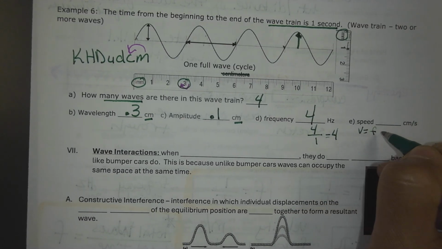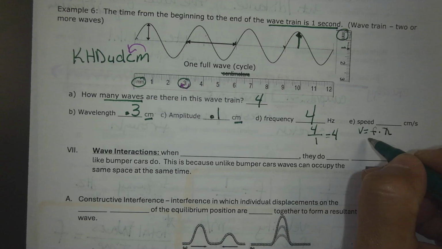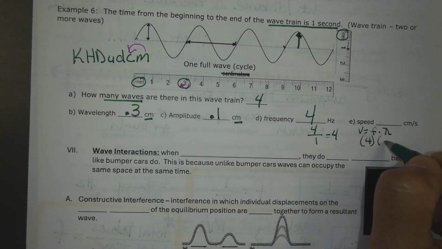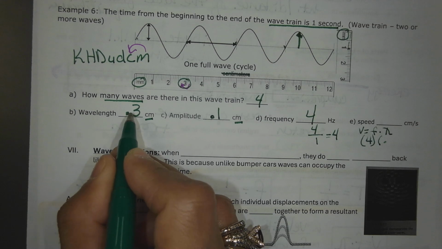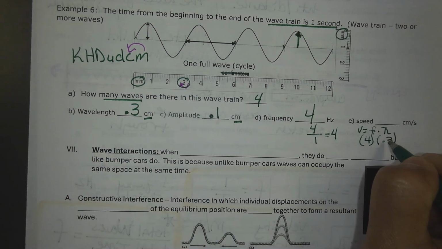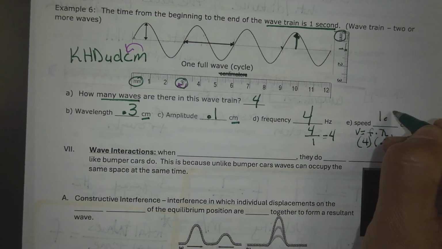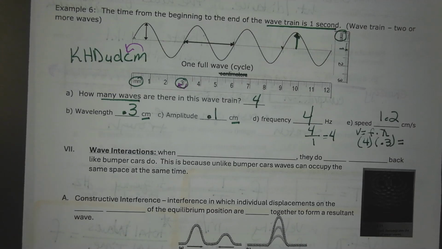Velocity equals frequency times lambda, or 4 times 0.3 equals your velocity, centimeters per second. 1.2 is the correct answer. So I just wanted to go over that one first, I just didn't like how that was labeled centimeters.